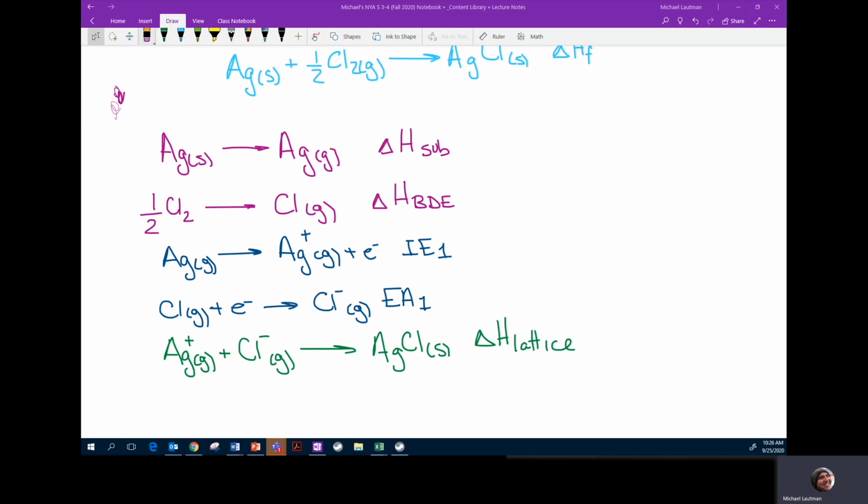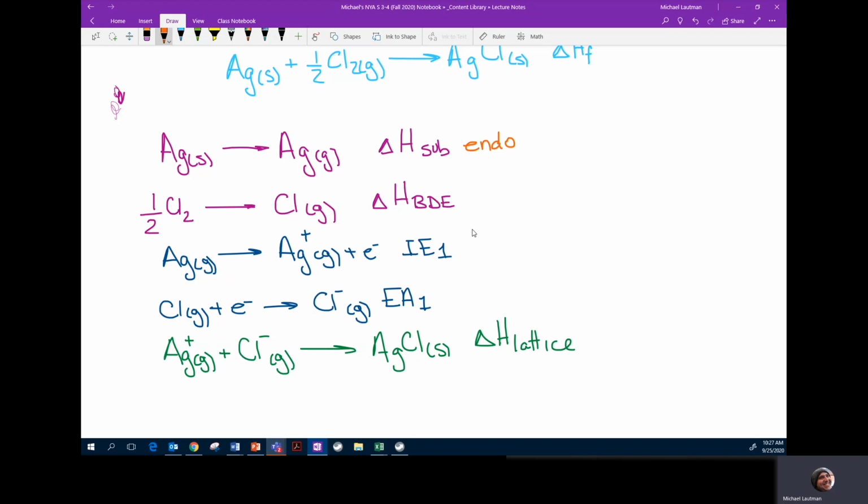Before we bring numbers into this, we need to decide which steps are endothermic and which are exothermic. Sublimation: is that exothermic or endothermic? It's endothermic. Remember, endothermic means you have to add heat energy to something. Going from a solid to a gas is endothermic. What about bond dissociation?